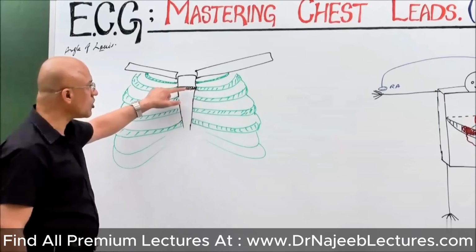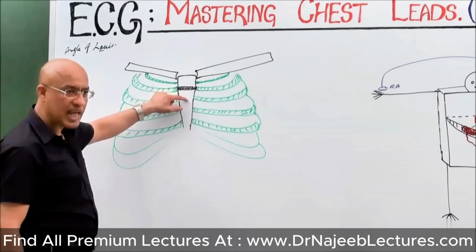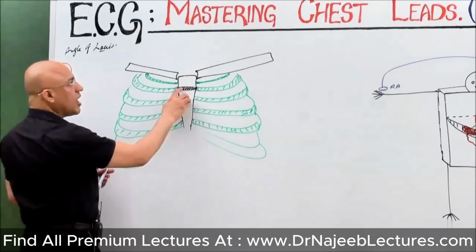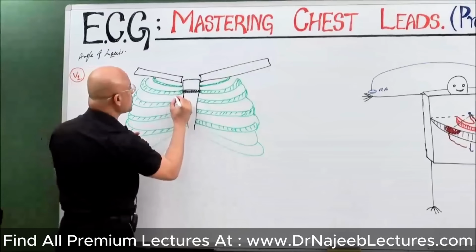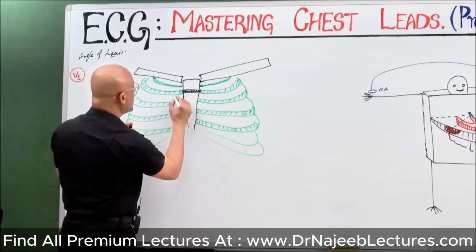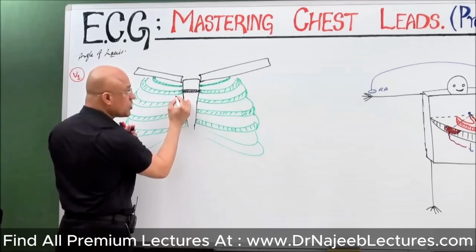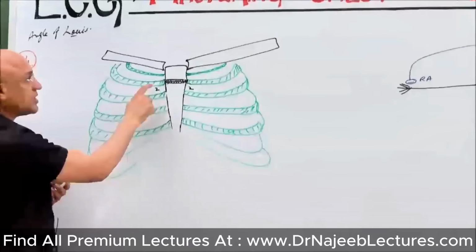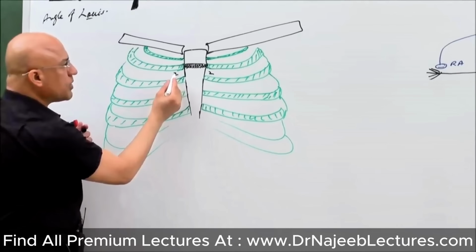This transverse ridge is the manubriosternal angle or angle of Louis. Just lateral and inferior to this angle is the second intercostal space. Of course, this is the right second intercostal space, and this is the left. The second intercostal space is between the second rib and the third rib. And then you move 2 spaces more down.